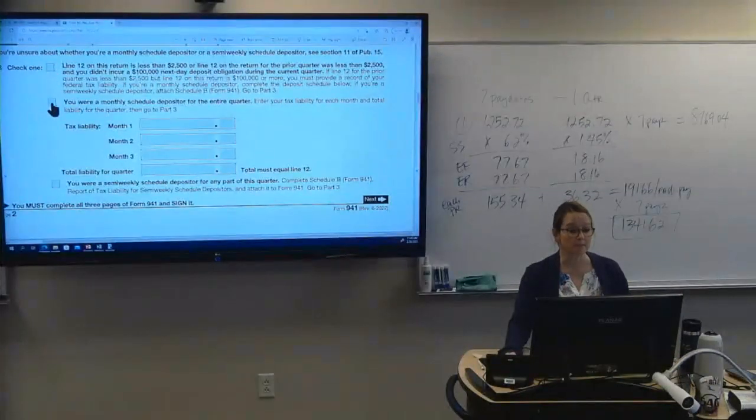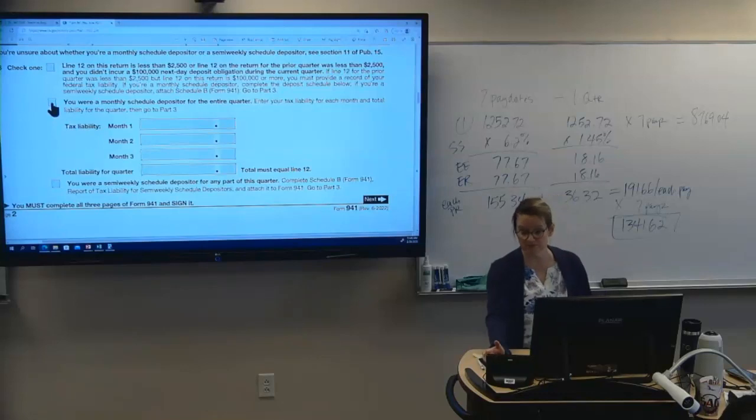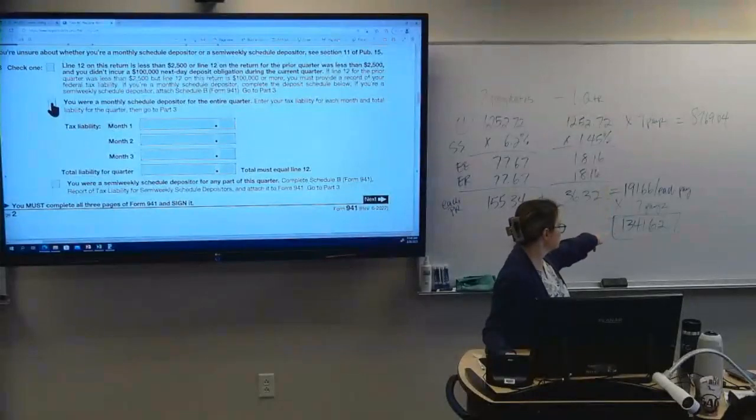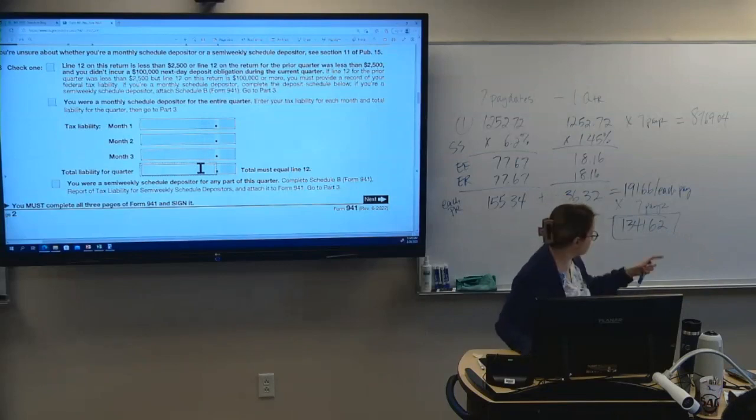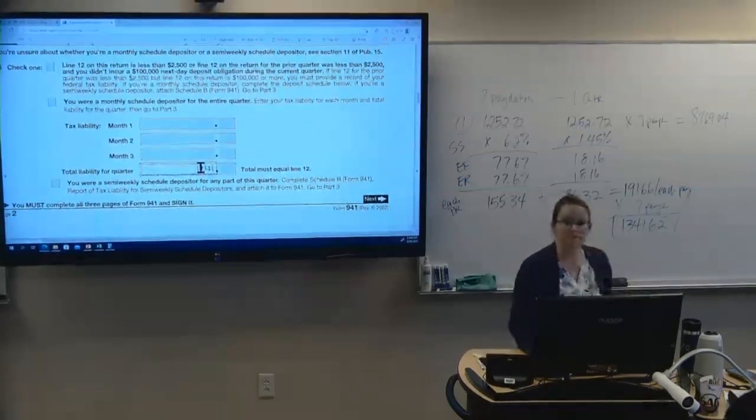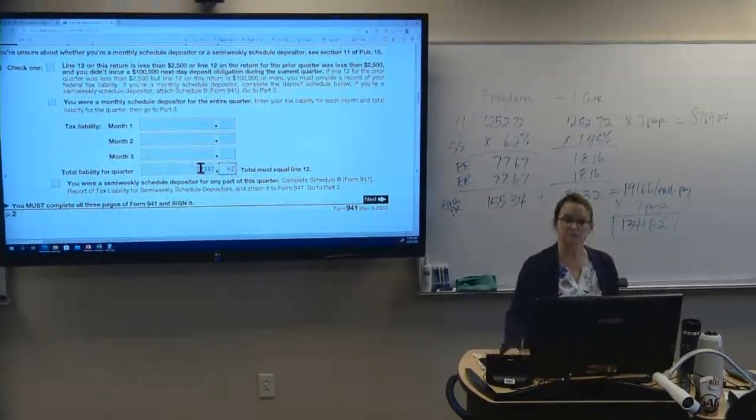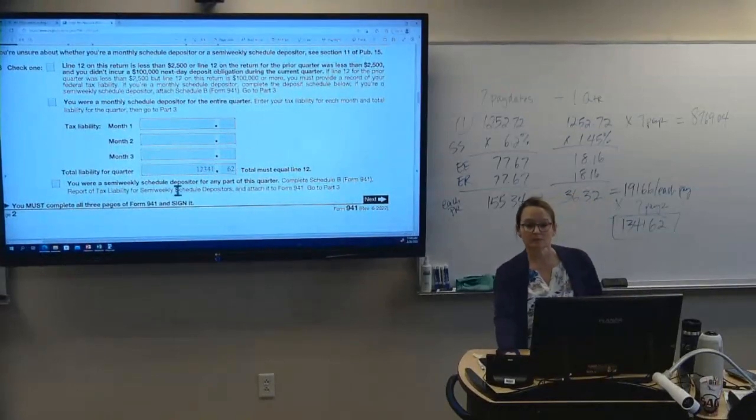Second option is if you were a monthly scheduled depositor, and remember everybody starts out as a monthly scheduled depositor, we would have deposited in total this 1341.62 over the course of the quarter. And we've got to divide it out by each month. How much did we deposit each month? The total here would come out to this 1341.62. You'll see here, this is our total liability for the quarter.